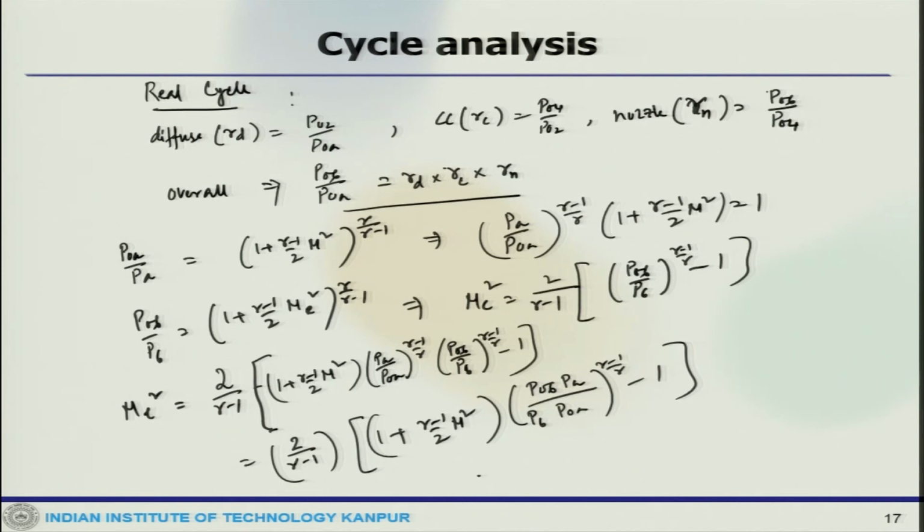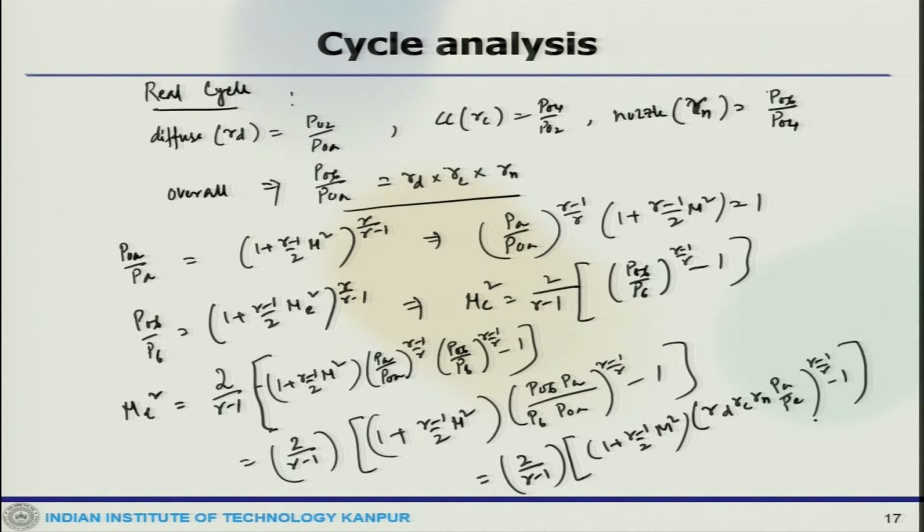So, this can be written as the exhaust Mach number: M e square is 2 by gamma minus 1 into 1 plus gamma minus 1 by 2 M square, R d R c R n, P a by P e, to the power gamma minus 1 by gamma, minus 1. Let us say we define this quantity as something equivalent to m, then we can write 2 by gamma minus 1 into m minus 1. So, that is what you can write.